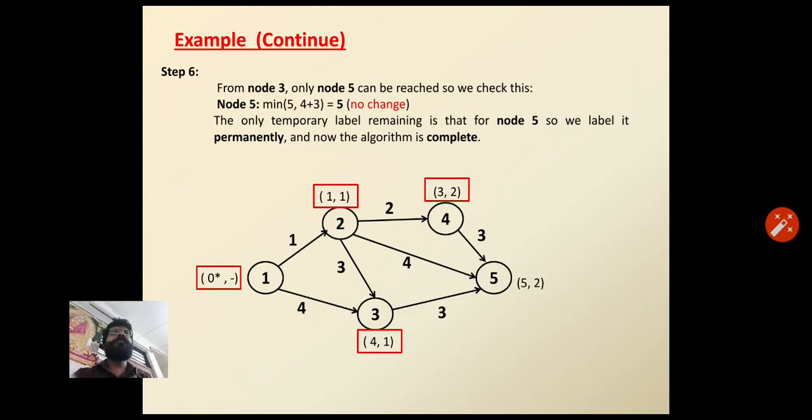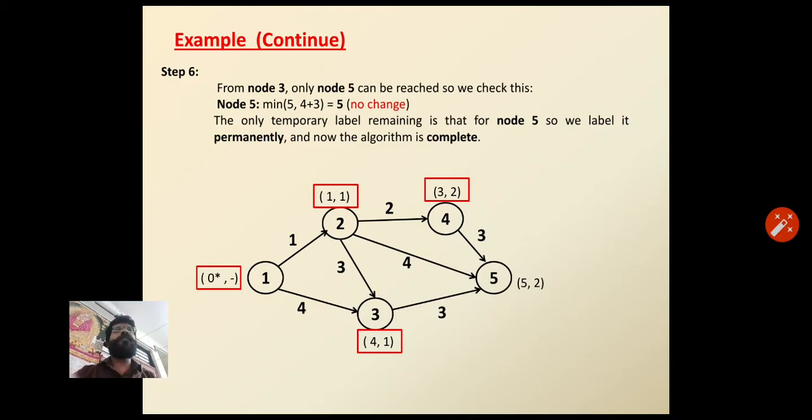Now, from node 3 only node 5 can be reached. So, we calculate the minimum distance from node 3 to 5. Node 5 has old value 5, new value is 3 plus 4, that is 7.